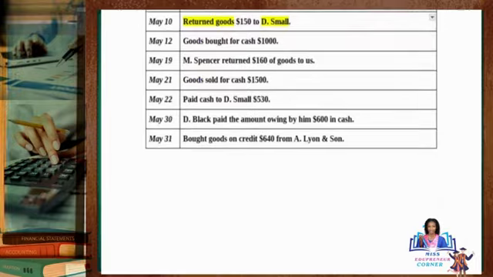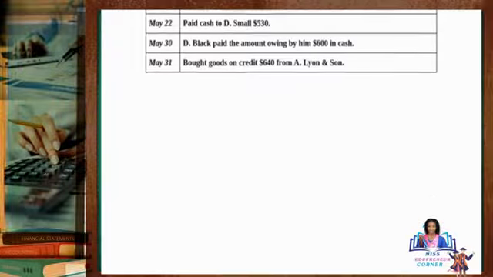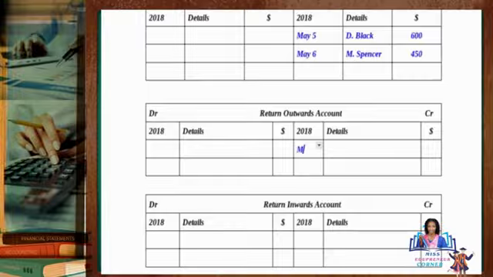So we go down to the return outwards account and we're going to make a credit entry. So on May 10, D Small and the amount of $150.